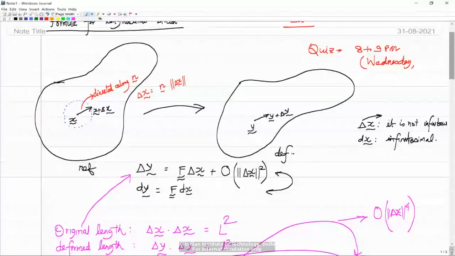But we want to derive the formula of strains corresponding to points, local points in the body. Just like you may have seen from your undergraduate class, you have stress at every point in the body. So strain also, when we started, we thought that we can have strain varying in the body, different points having different strain, and even at a point in different directions you can have different strain.